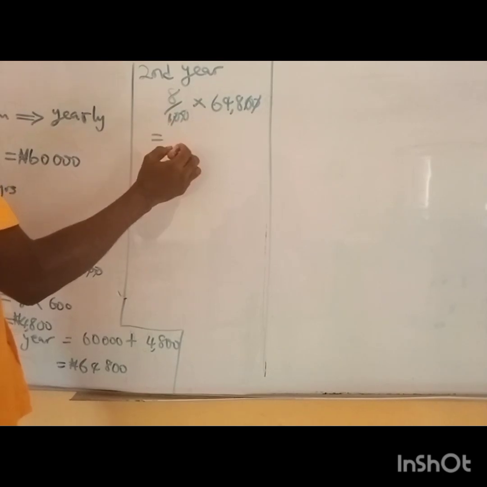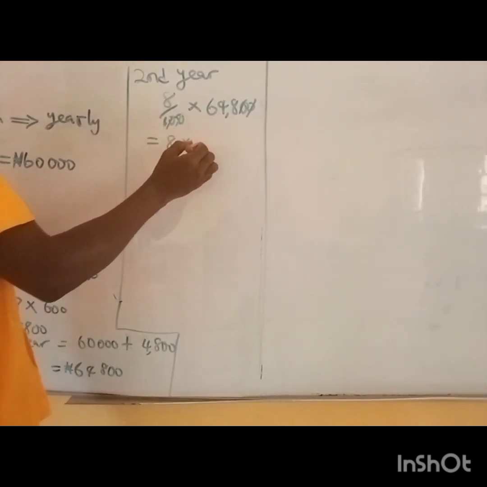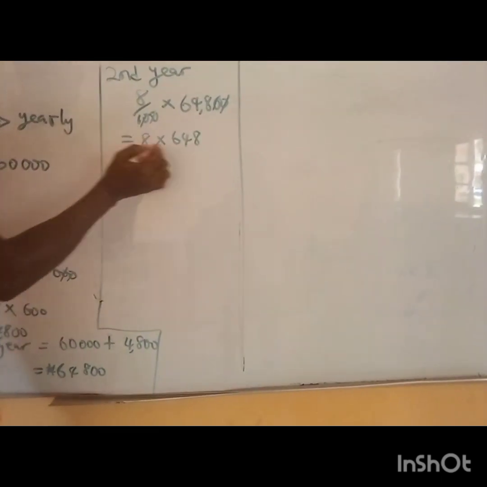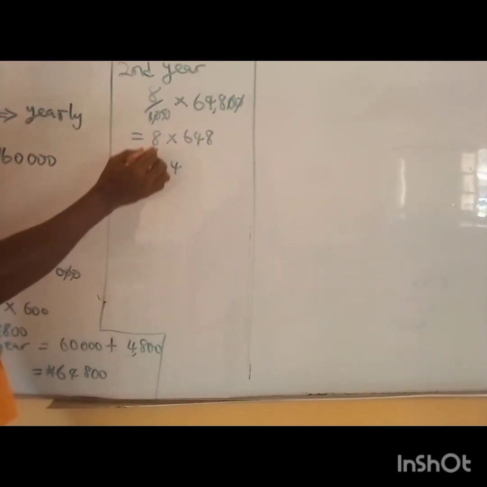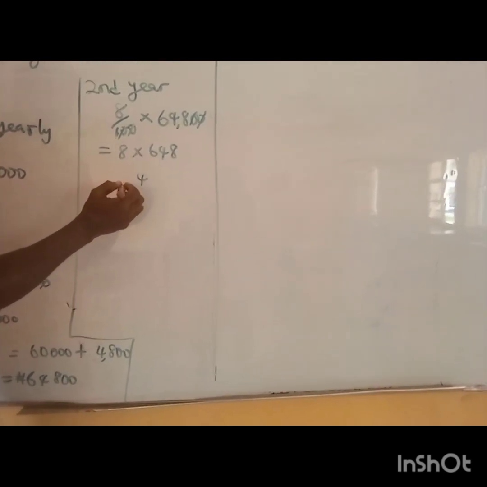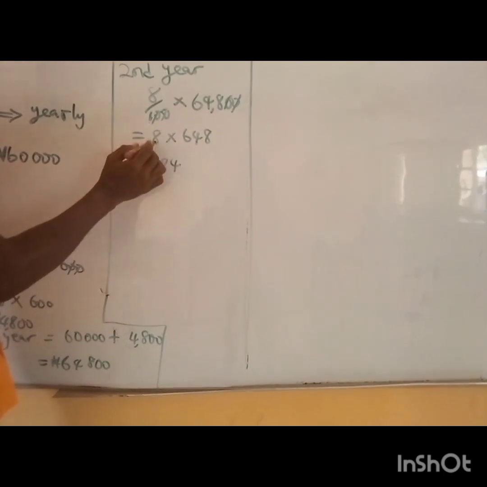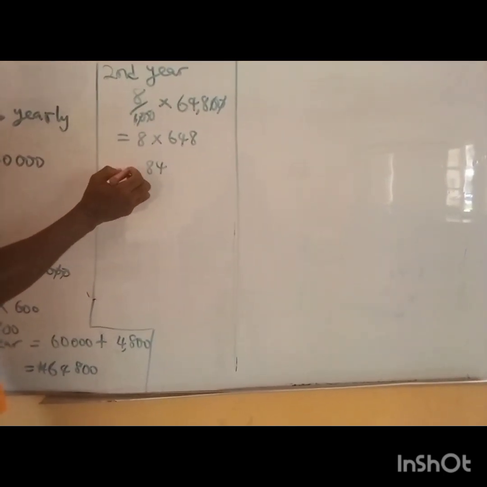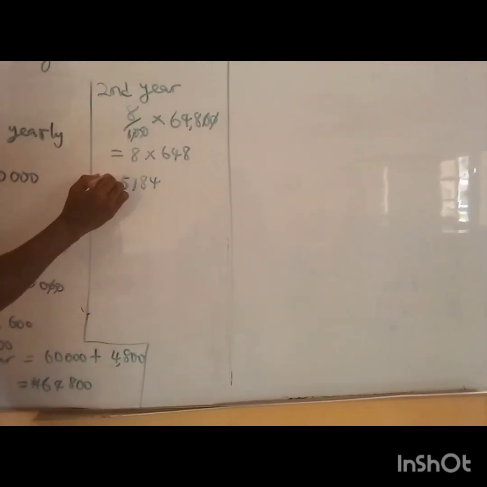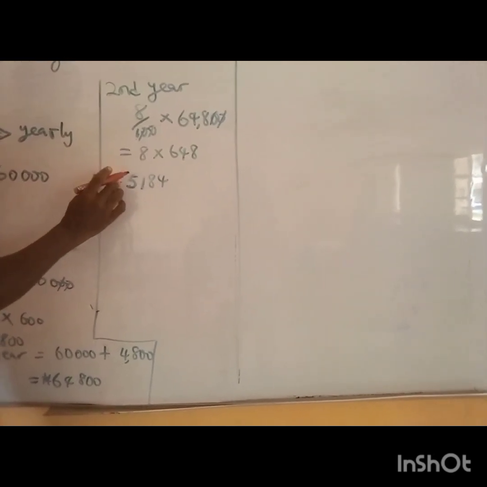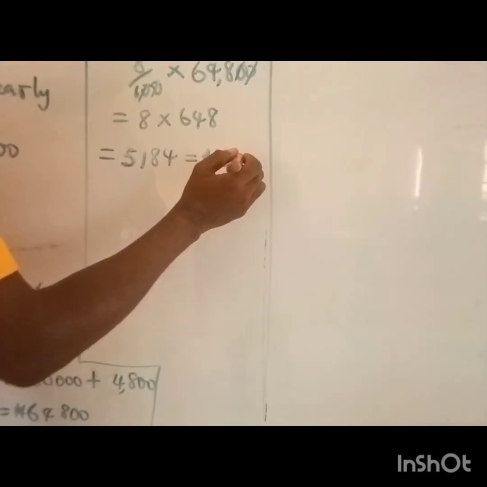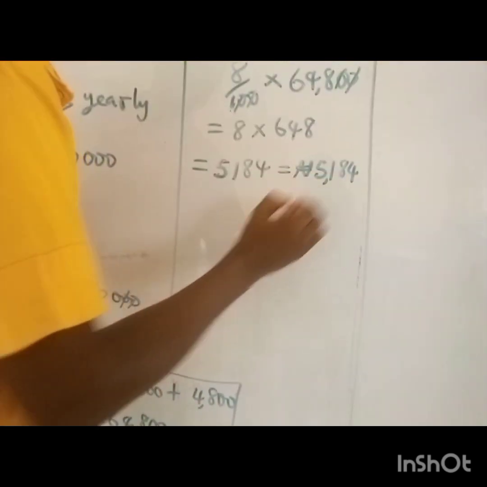So we have 8 times 648. 8 times 8 gives us 64, write 4, carry 6. 8 times 4 gives us 32 plus 6, 38, carry 3. 8 times 6 is 48 plus 3, 51. So we have 5,184.